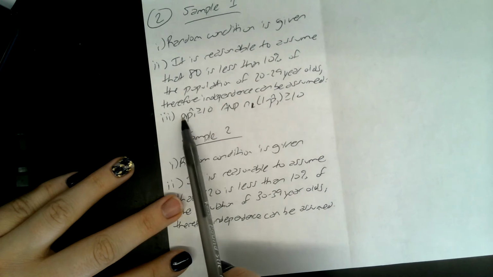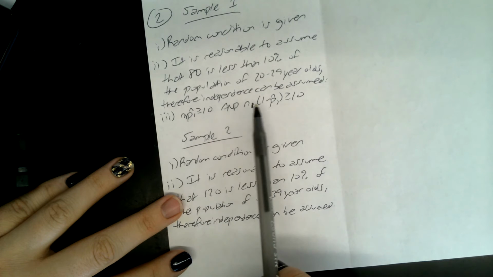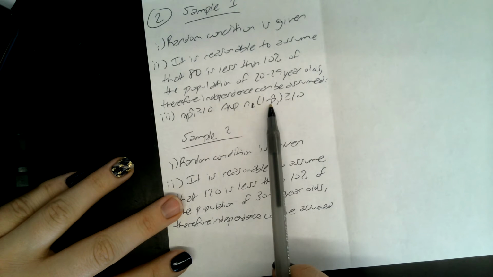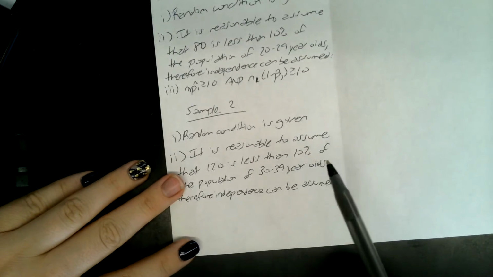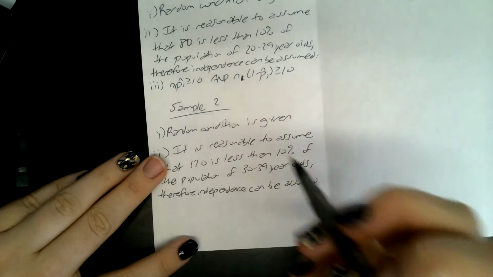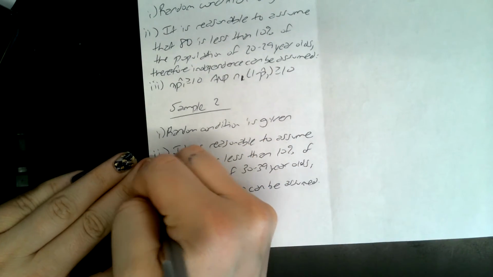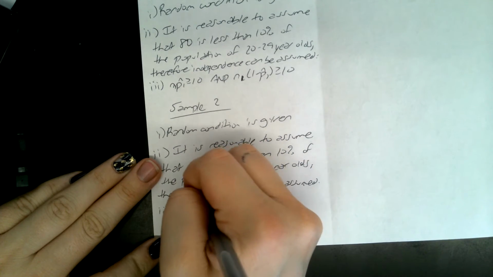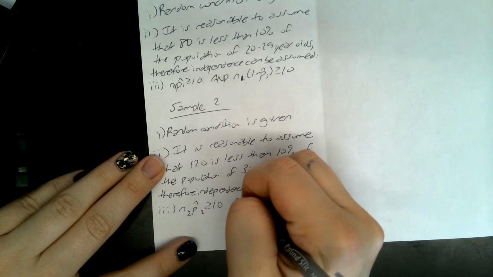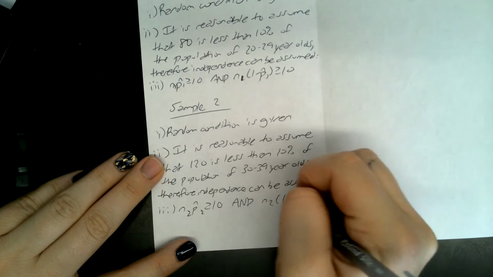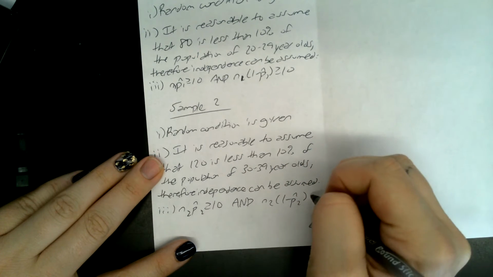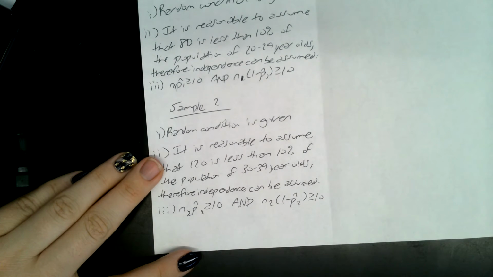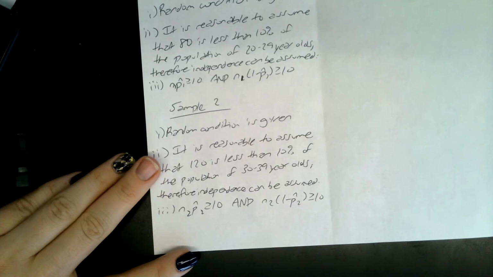I'm talking about my n1 times my p1 hat and my n1 times 1 minus p1 hat. And then I'm going to do the same thing down here, but now I'm going to be in sample 2. So it's going to be n2 times p2 hat has to be greater than or equal to 10, and n2 times 1 minus p2 hat also has to be greater than or equal to 10. If I check both of those, then this condition will be satisfied.